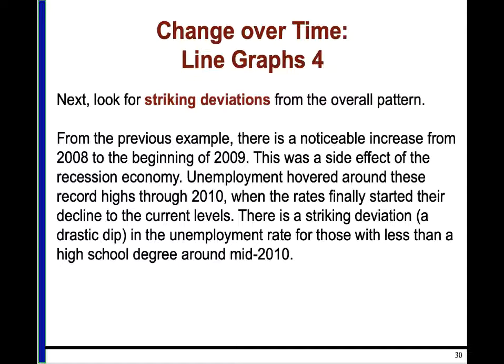You saw a noticeable increase in 2008 and 2009, and that was from that recession economy. You start to see over time that the rates did start to decline to current levels, but you see a big dip in 2010 for people with less than a high school degree. And those are things that you would not necessarily be able to see in any other type of graph.